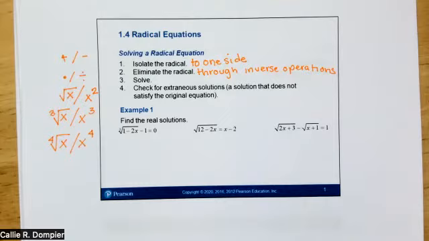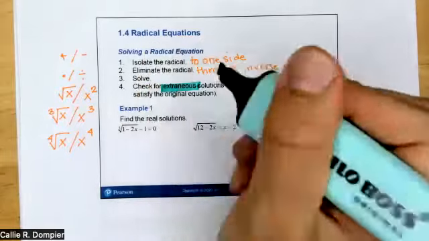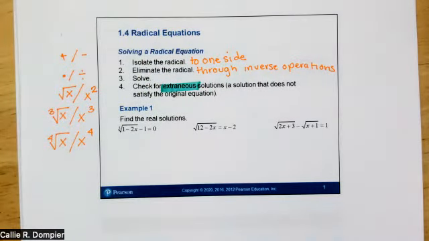Then you're going to solve it. And then if you put both of your answers back into your original equation, both of them might not always work. If you found that answer correctly, you didn't do any wrong math, but it didn't work back in the original equation, it's just called extraneous.